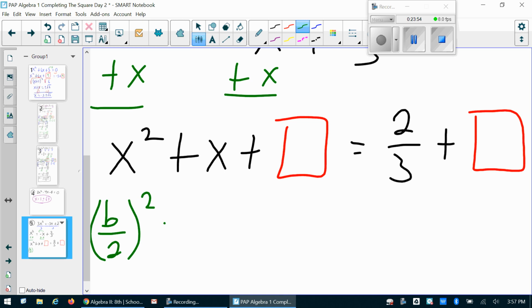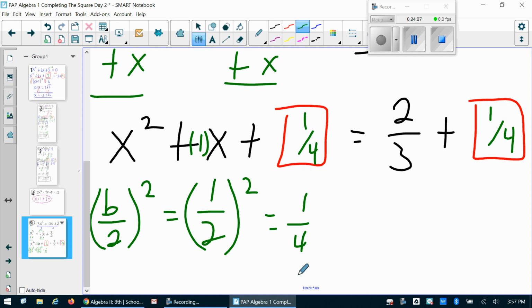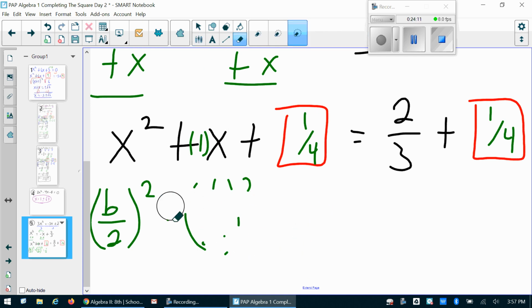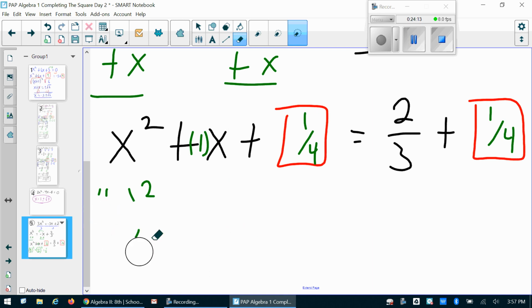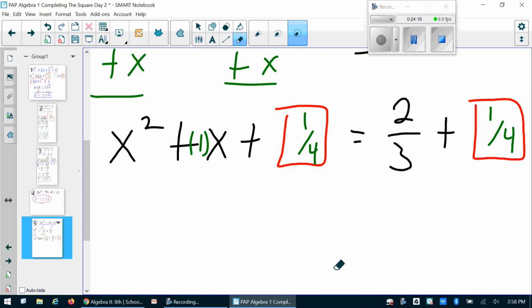b over 2 squared. In this case, b is 1. So I'm going to have 1 over 2 all squared, and that is equal to 1/4. That is the number that goes inside the red boxes. I'm going to erase this real quick. Okay, then we factor.